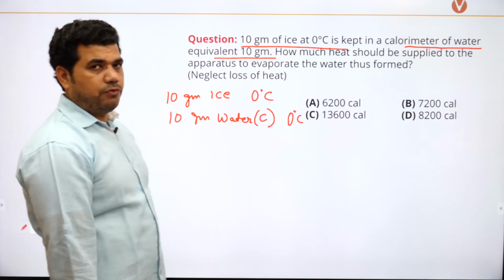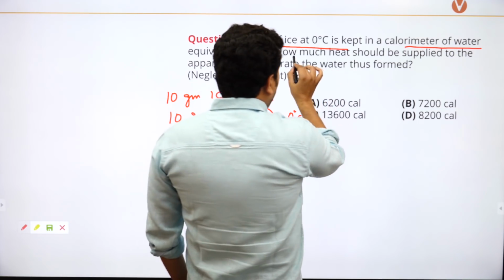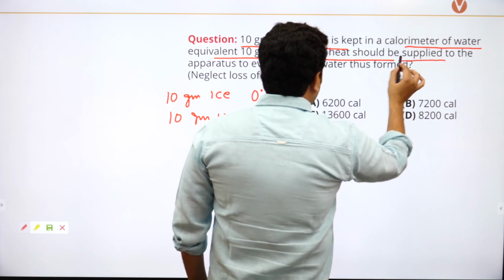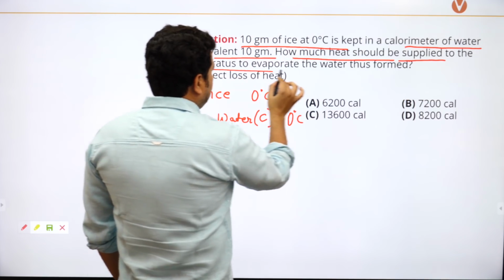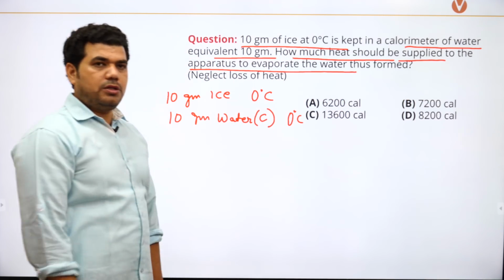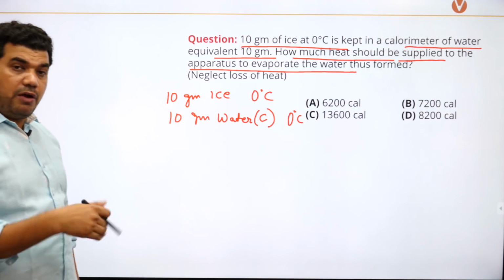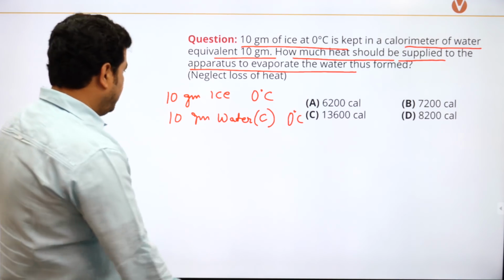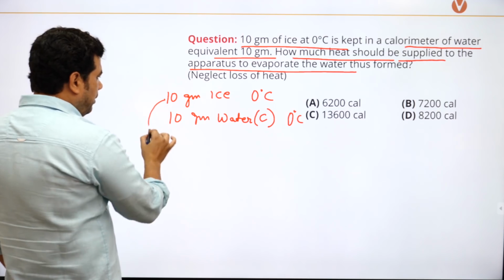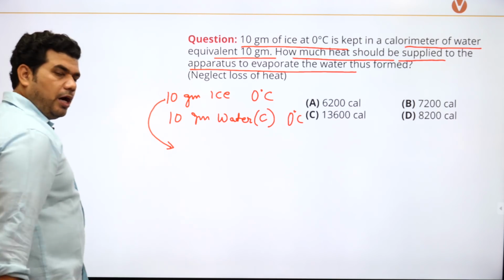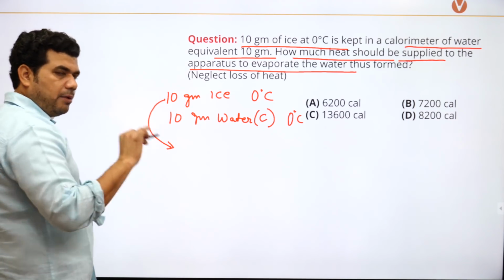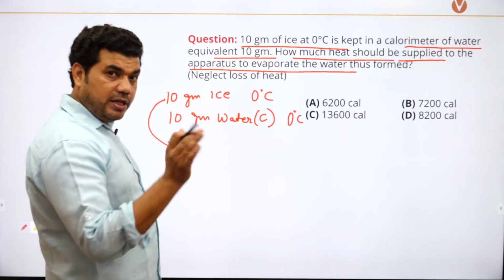Now what we have to find? We have to find how much heat should be supplied to the apparatus to evaporate the water thus formed. Means we have to evaporate that water. Then first this 10 gram should reach up to 100 degrees centigrade.